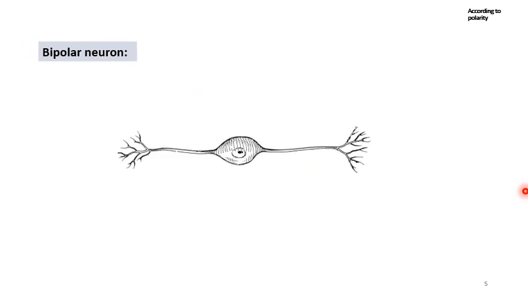Bipolar neuron. It is also very easy. From the name, we can understand the neuron will have two cytoplasmic processes. But here, the problem is which one is the axon and which one is the dendrite. The process which conveys signal from the periphery to the cell body is the dendrite, and the process which conveys signal from the cell body to the CNS is the axon.